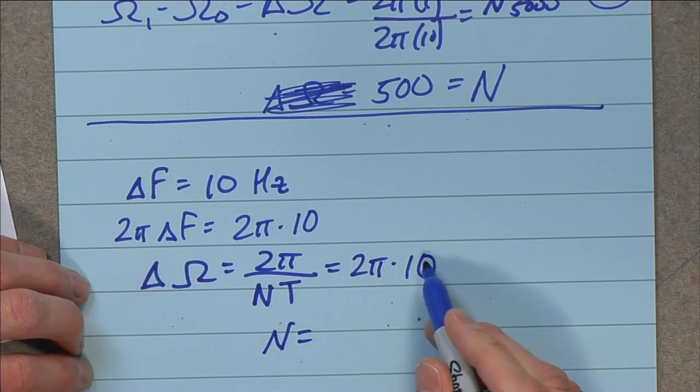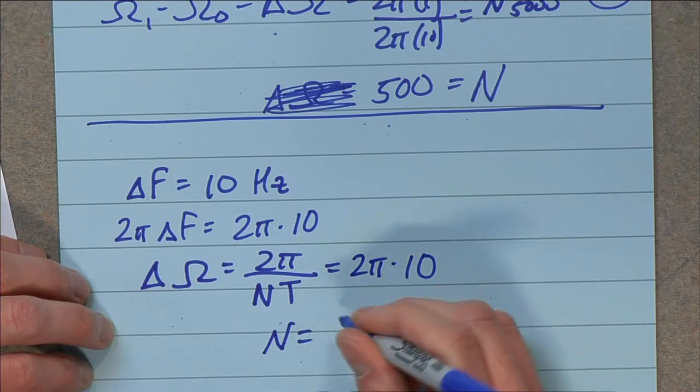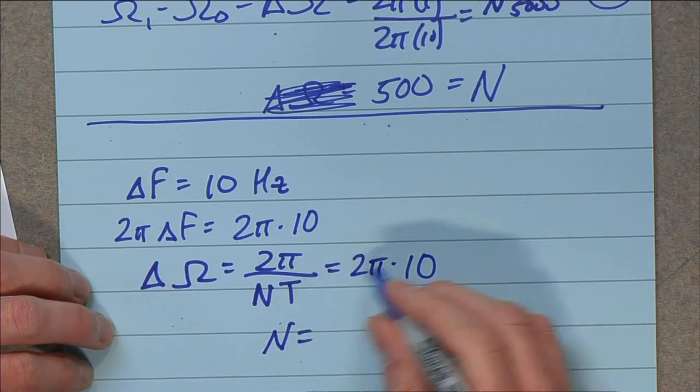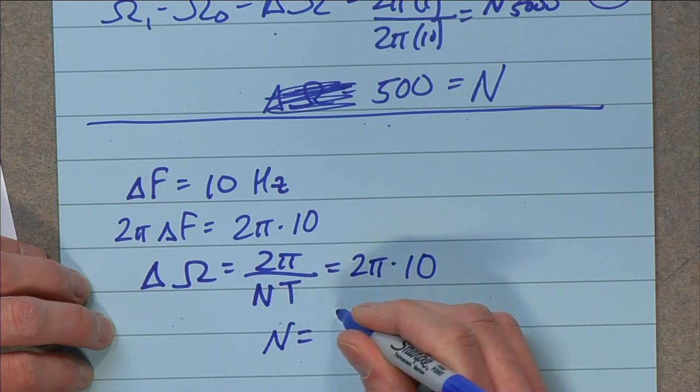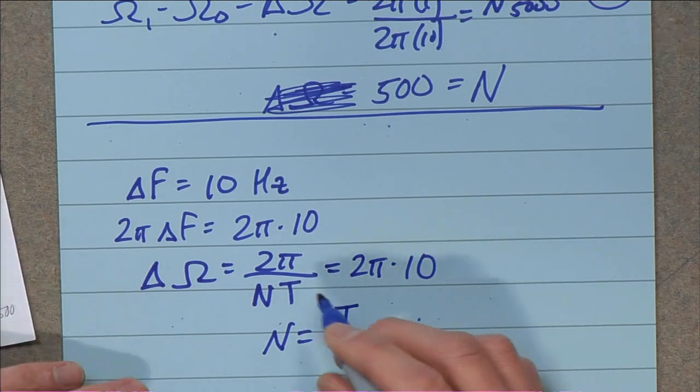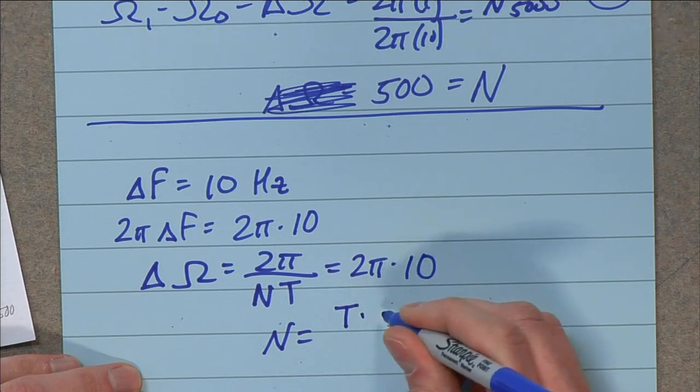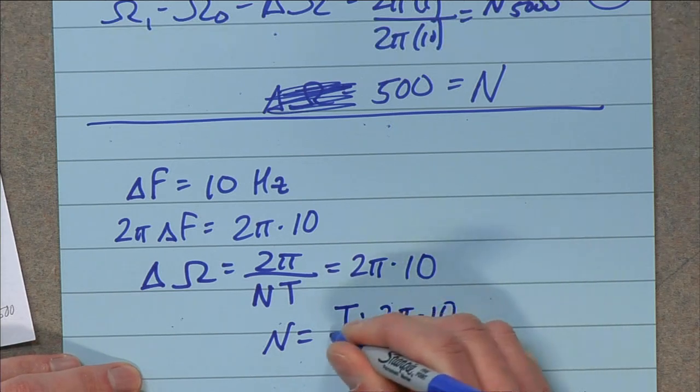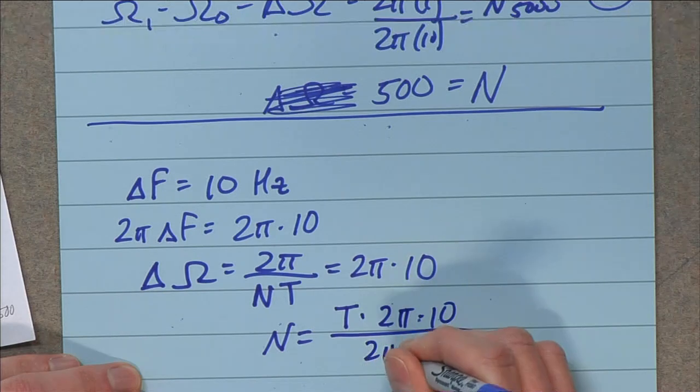So moving everything over gets what? N is t times 2 pi times 10 all over 2 pi.